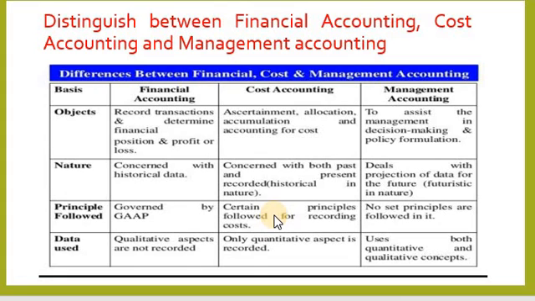All three are added, and that comes under the prime cost. Then prime cost plus factory expenses gives you the factory cost. Then factory cost plus office and administrative expenses gives you the cost of goods sold.